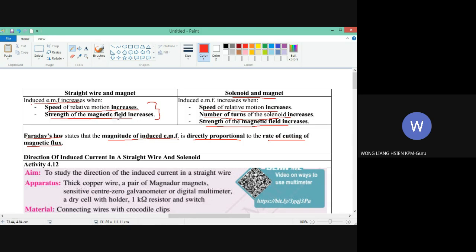If the strength of the magnetic field increases, you can cut many magnetic flux lines at the same time, so you also have a high rate of cutting. That means you can have a stronger EMF. The magnitude of induced EMF will be higher. Get the idea? So this is very important. Faraday's law talks about how we can produce a stronger induced EMF.